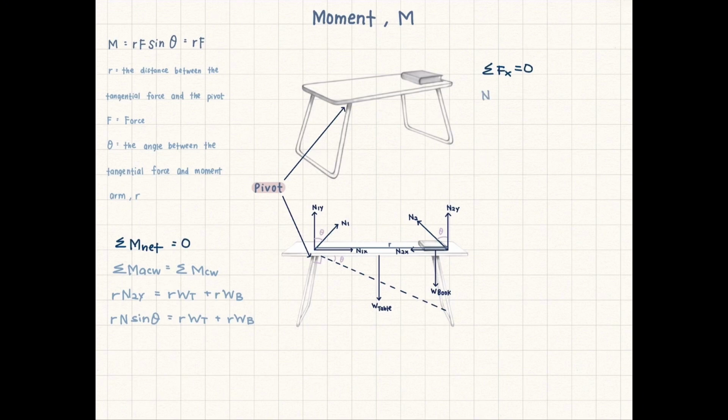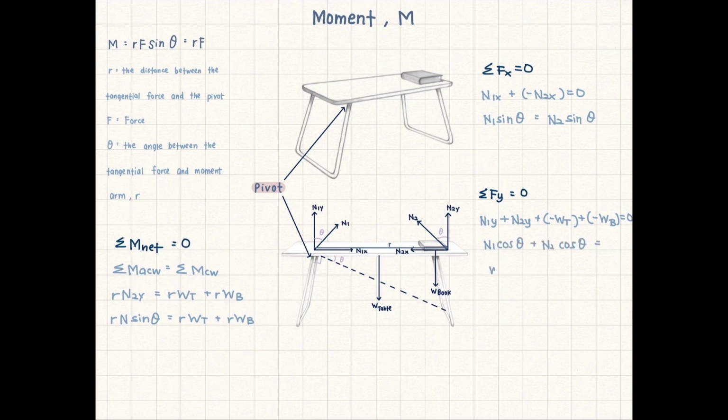So, horizontally, n1x plus negative n2x equals 0, which simplifies to n1 sin theta equals n2 sin theta. For the vertical direction, n1y plus n2y plus negative wt plus negative wb equals 0, and in terms of components, n1 cos theta plus n2 cos theta equals wt plus wb.